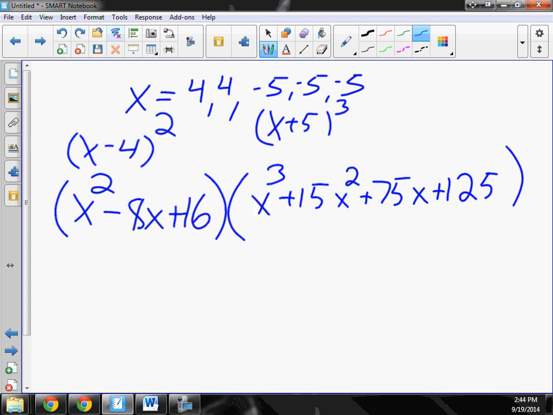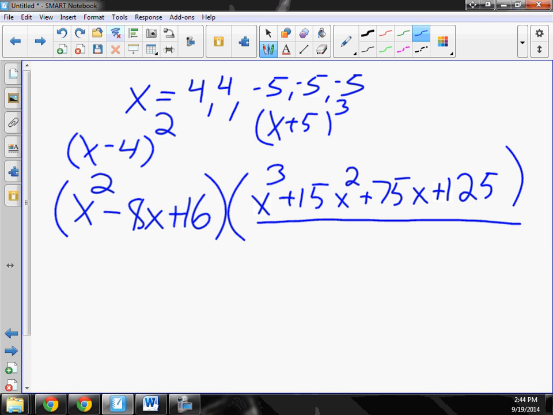Now, you're going to have to make a 3 by 4 box to multiply these, which is not going to be fun. But that's just how mean I am. But I saved you a lot of time. I mean, if you had to multiply this out every time, it's going to be a mess.